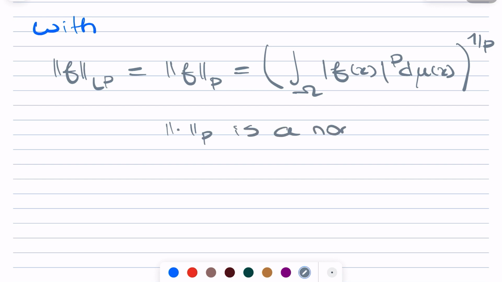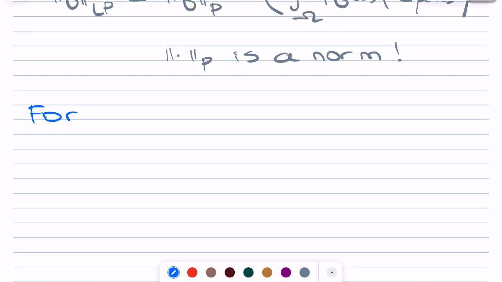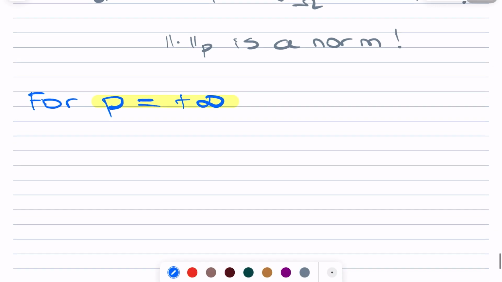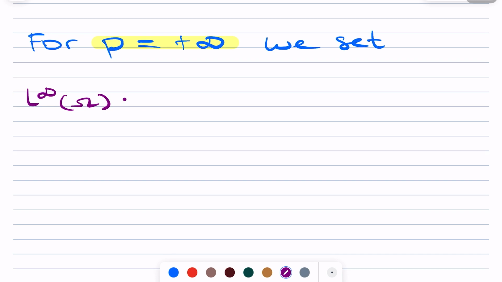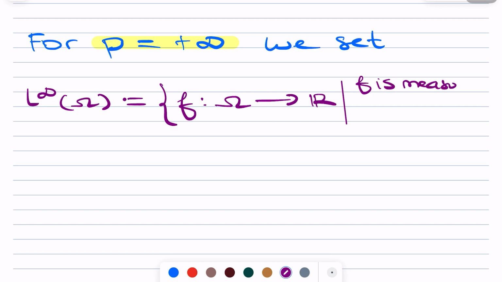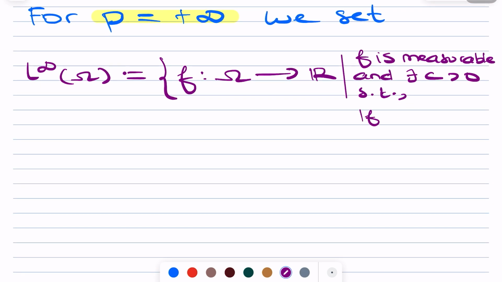Okay, now for p equals infinity, we set L infinity of omega to be the set of functions f, defined again from omega to R, such that f is measurable, and there exists a positive constant c such that the absolute value of f of x is less or equal than c almost everywhere on omega.